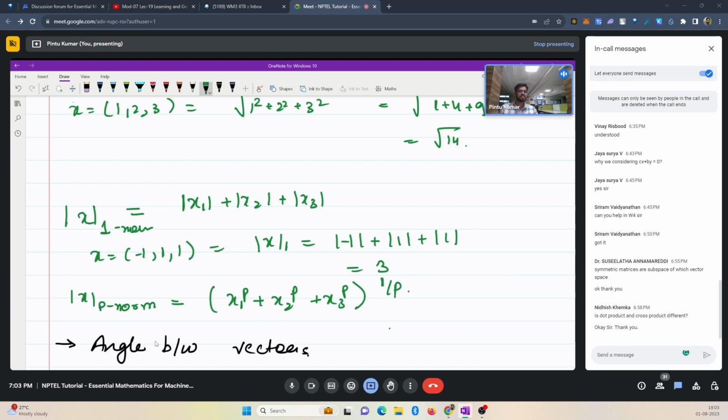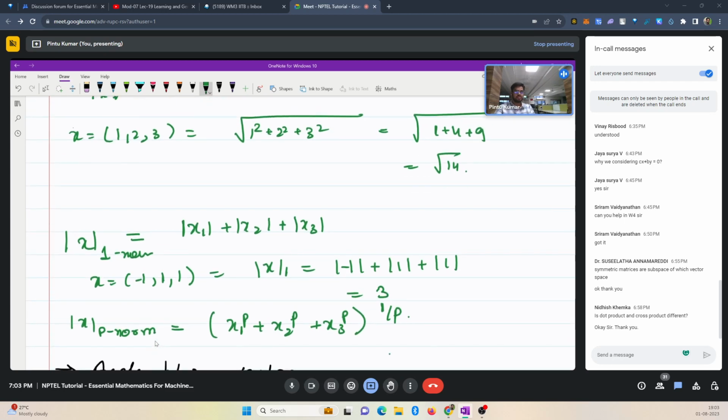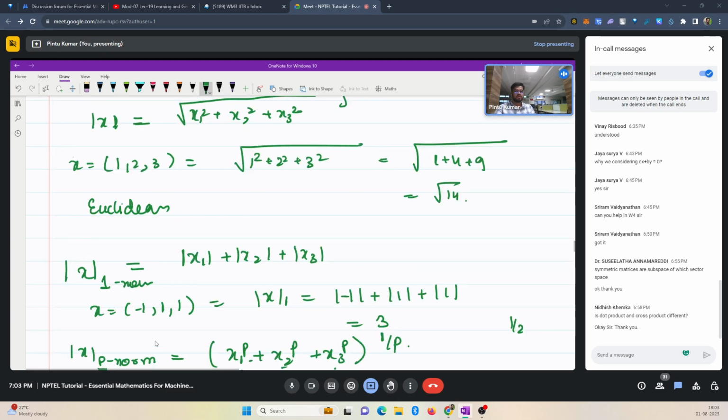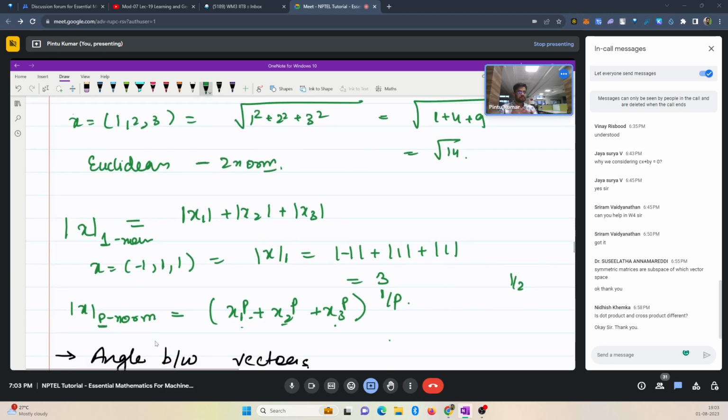If you look at the Euclidean norm and replace p by 2, you get x1 square plus x2 square plus x3 square to the power 1 by 2, which is the square root. So your Euclidean norm is nothing but the 2 norm. If somebody is interested, you can look for the term norm and you'll get many materials related to it.